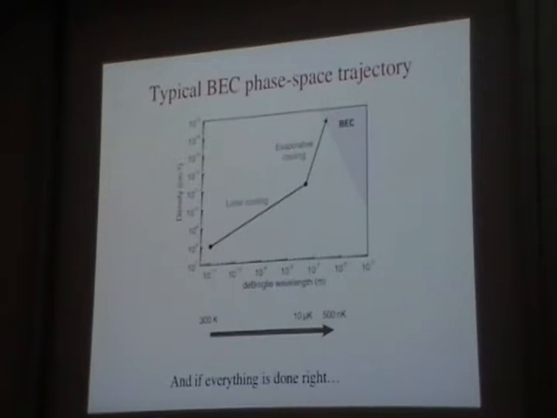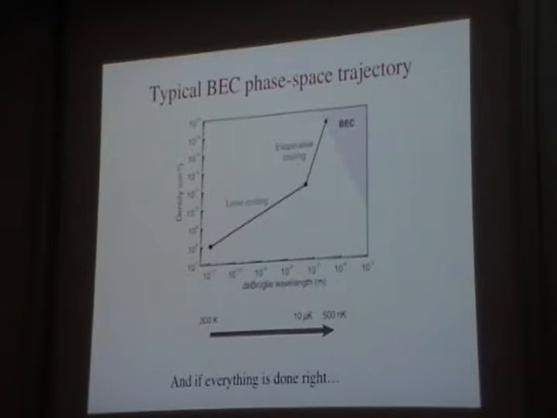So here's a typical trajectory in phase space for how to get the Bose-Einstein condensate. You start with your atoms, either collected from a room temperature vapor or maybe some other source slightly hotter, but you use laser cooling to go several orders of magnitude up in phase space density, or down in temperature. But at some point, you can't actually use laser cooling anymore.